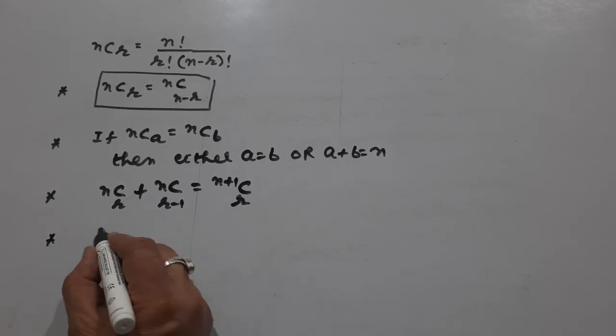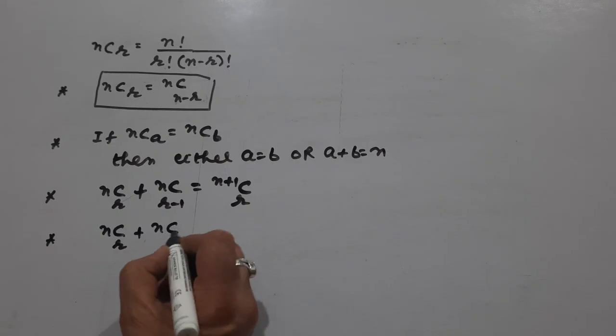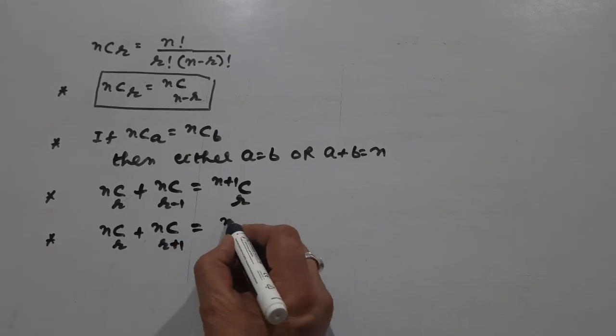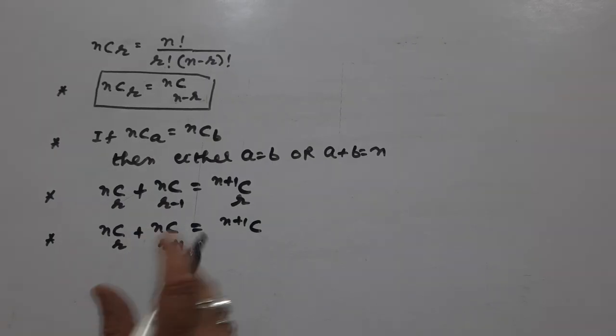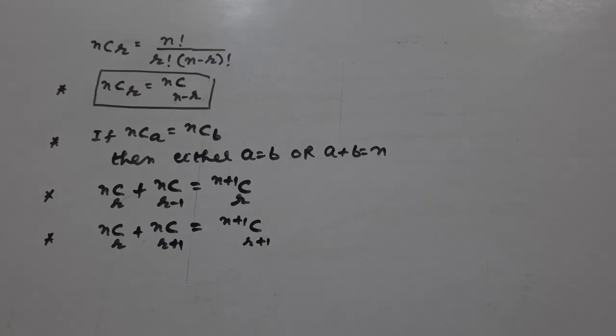And similarly we can write nCr plus nC(r plus 1) is equal to (n plus 1)C(r plus 1). The number which is greater is r plus 1, we write that number over here. Right?